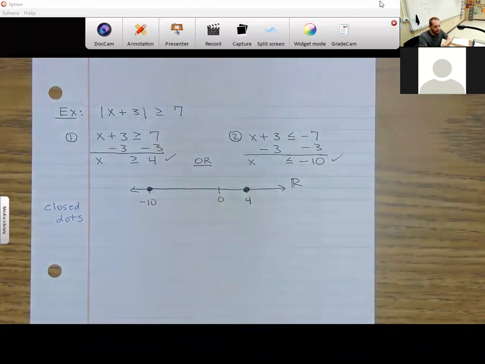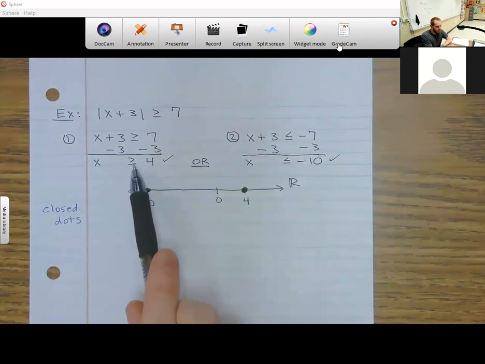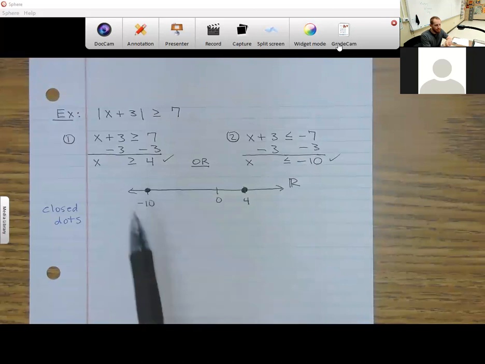Okay, now let's think about which way we're going to shade. Well, for the 4, which way are we shading? X is greater than or equal to 4, right? So greater than means we shade to the right. Or is this your right? I'm not sure.